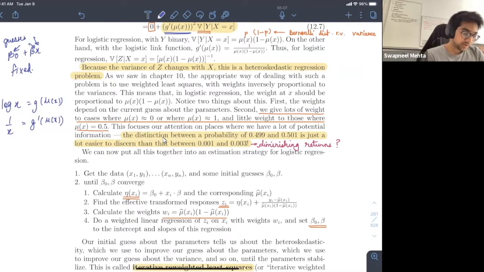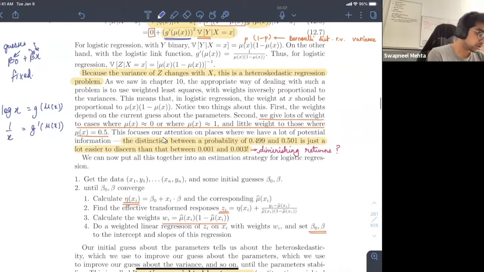So if you start thinking about what happens with this in logistic regression, it means that your logit function is log of x minus log of 1 minus x. This is essentially what we're saying, right? Because we had log p over 1 minus p.